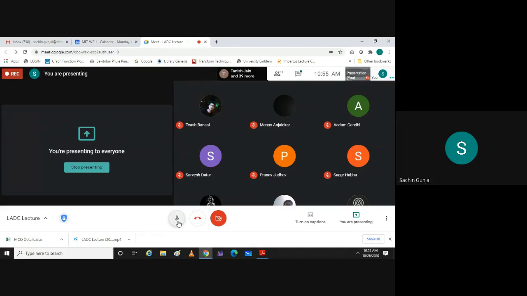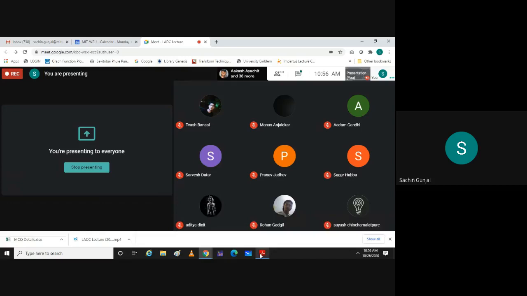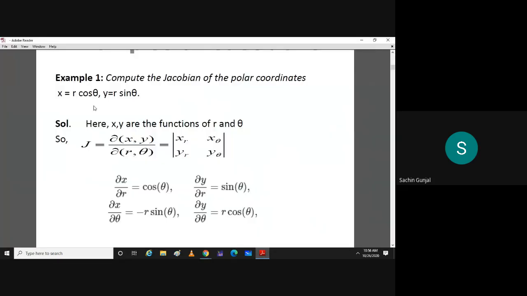Give me a minute. Okay. So x is equal to r cos theta, y is equal to r sin theta.